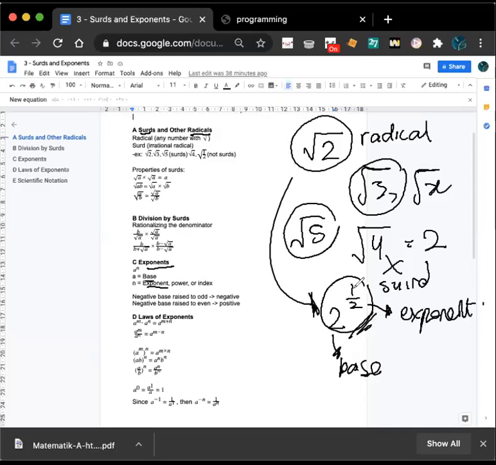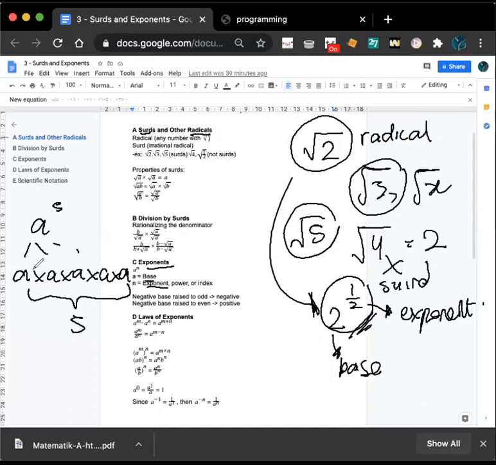So what's happening in this expression, for example, if you have a to the power of 5, is that if you try to expand it, you have a times a times a times a times a. So you're going to have 5 a's multiplied by each other.